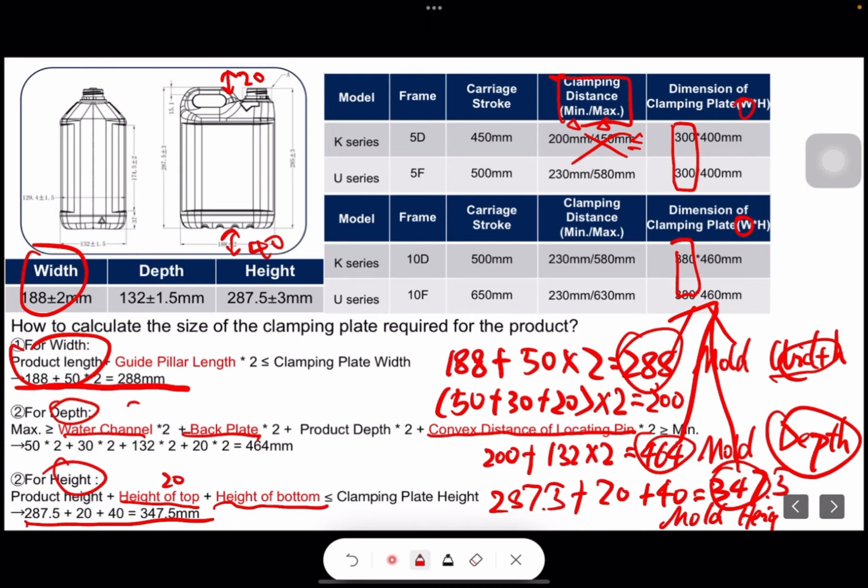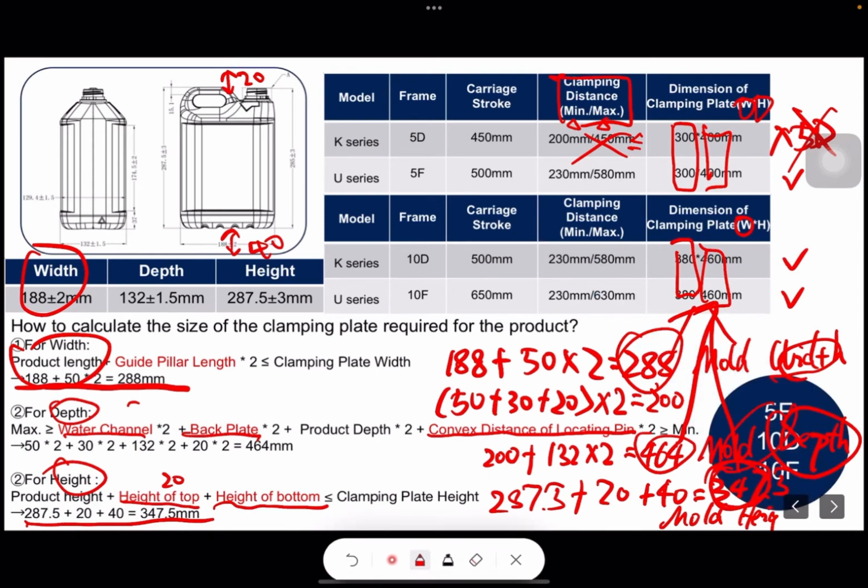So we just kick it out, not 5D. 5D is not okay. And next, 347.5. As you can see here, the height here is all bigger than 347.5. So we can see 5F, 10D, and 10F. They are all available for this product. Yes, the answer is correct.